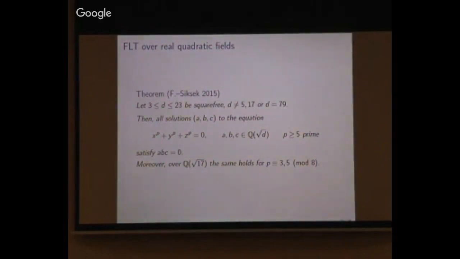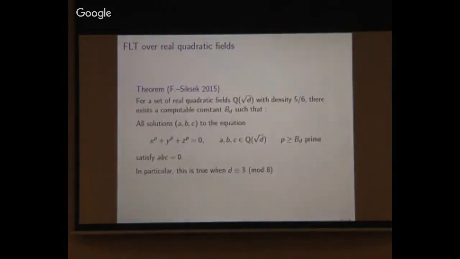But one still wonders, what about the general field? Because here we use specific fields, and we compute specific spaces of modular forms. Can we do this over a general field? And the theorem we have shown in that direction is this.